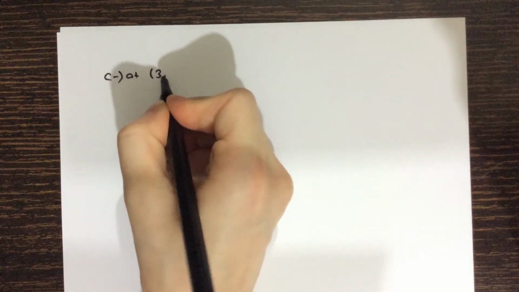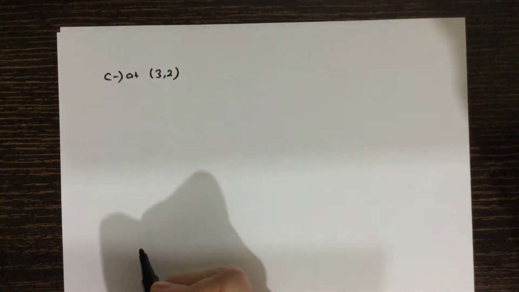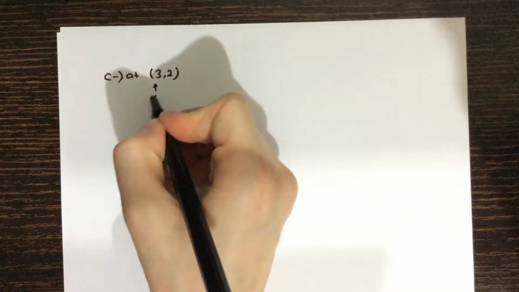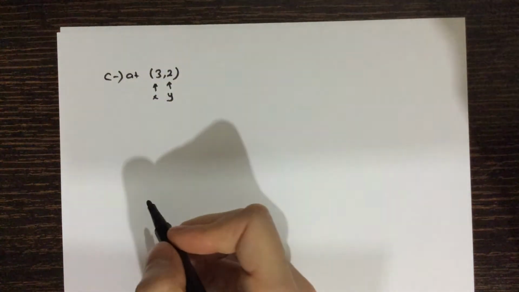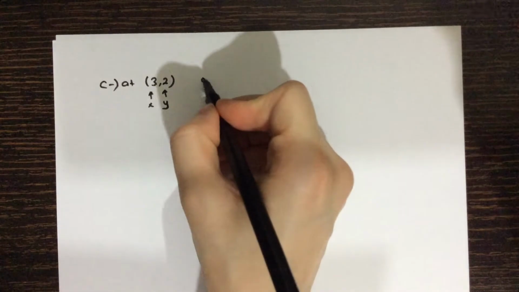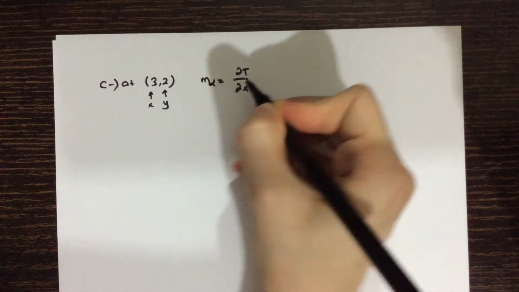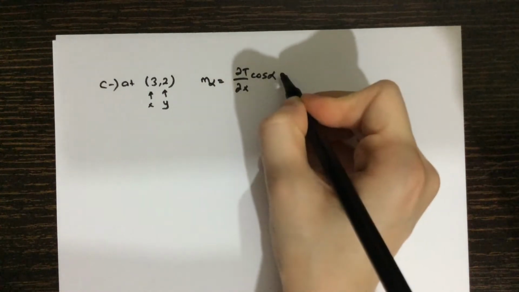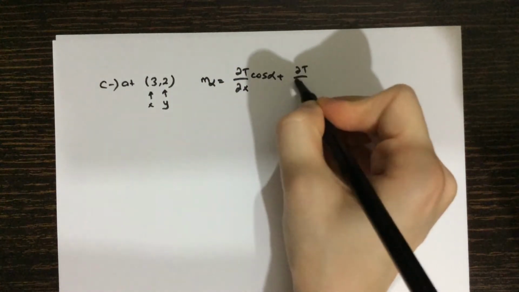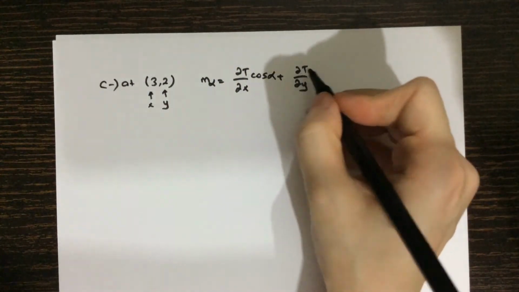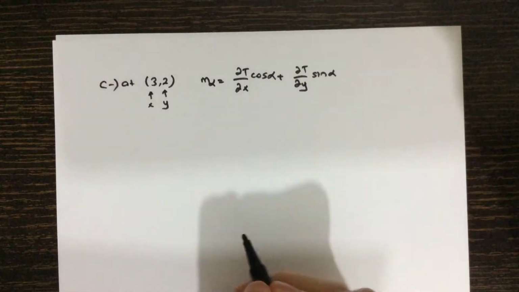At this point, the greatest increase in temperature is asked. Here we have x, here we have y. We have to use a formula, of course, to find the greatest increase. Plus the partial derivative of y depending on t is this.